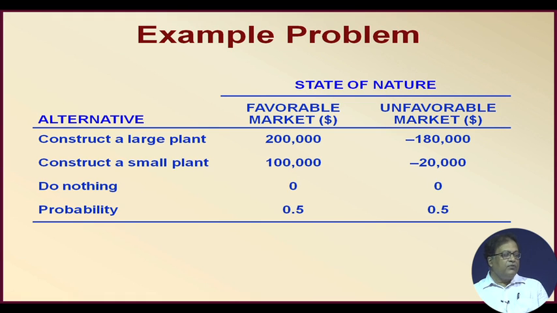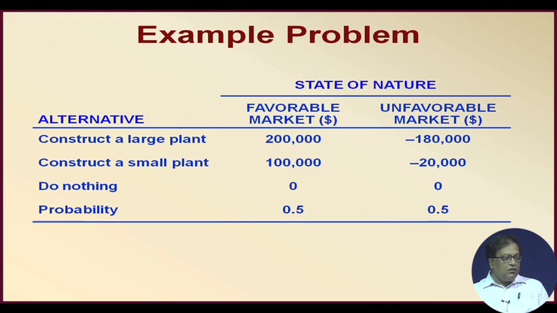If we construct a small plant, we get either 100,000 or minus 20,000 as payoff. And there is a third alternative: if we do nothing, then we do not get any payoff, whether it is a favorable or unfavorable market.